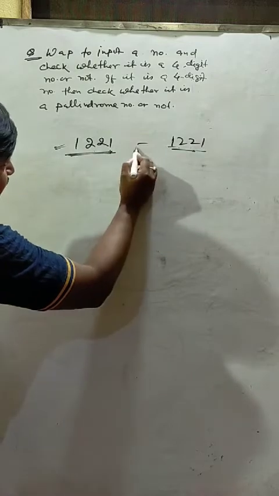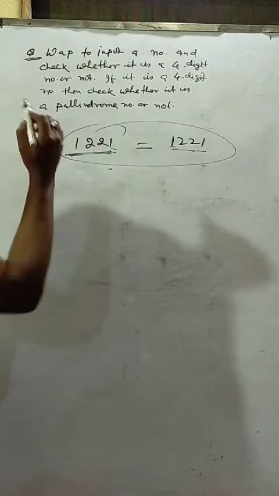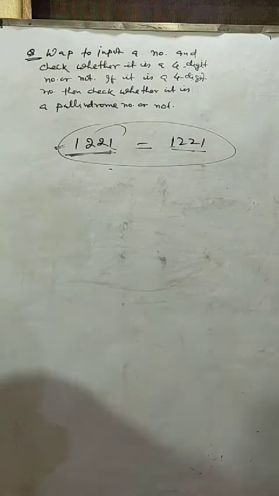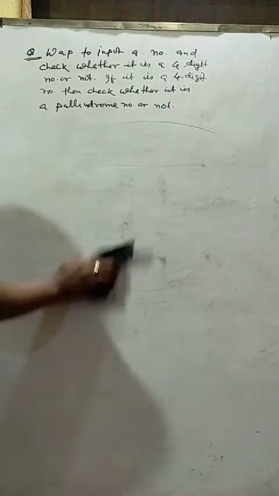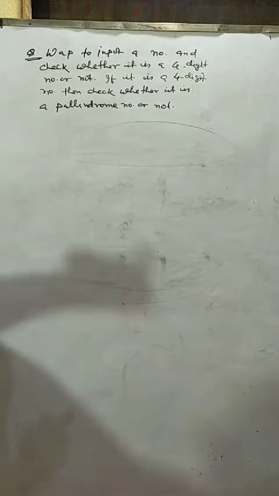If the number and its reverse are equal, the number is said to be a palindrome number. So let's solve this program. We will use scanner class and nested if. This is the first program of standard 9.